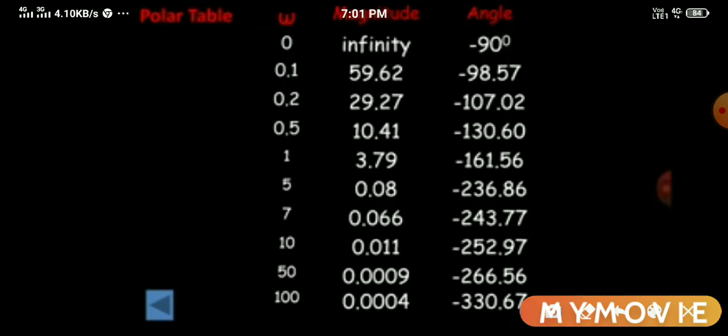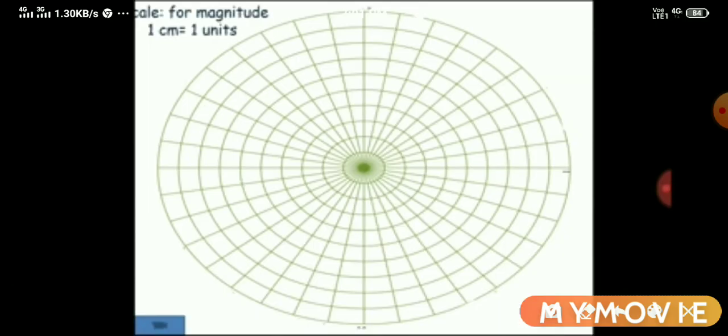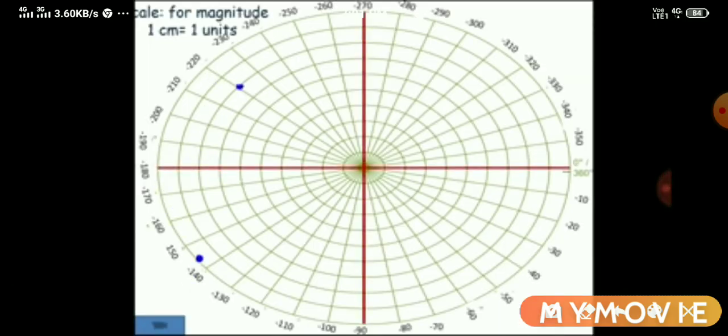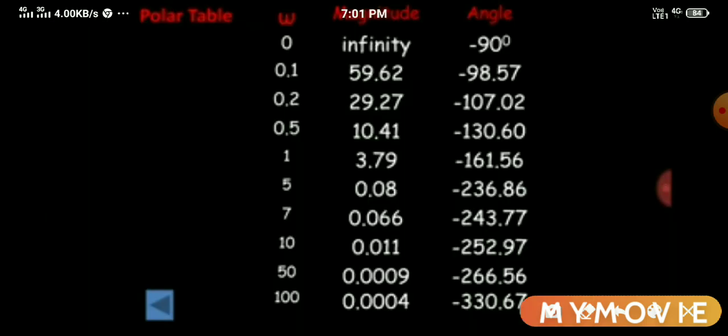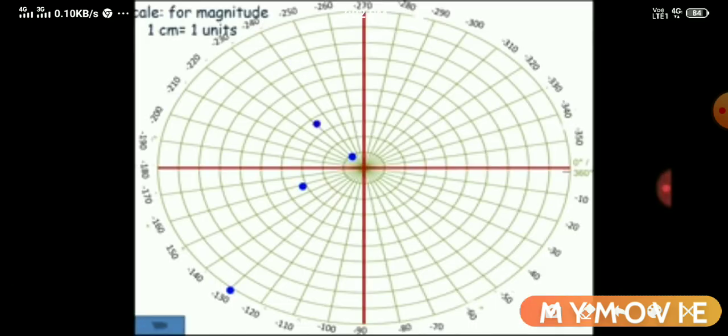So minus 130, 10.41. I have marked 10.41. Similarly I have marked 161, 3.79 as a dot. Then another value near 230. I took another value which is nearer to 0.